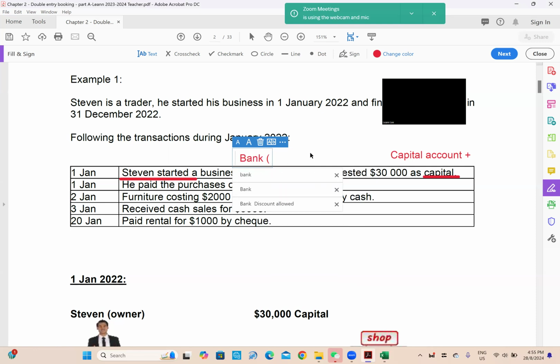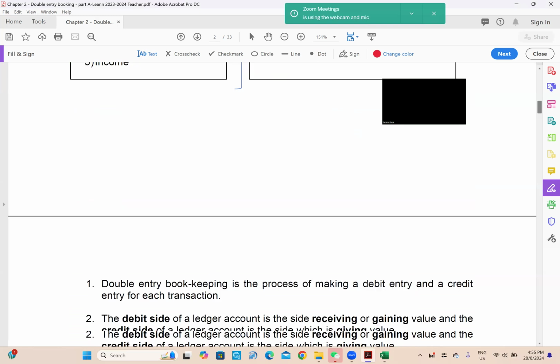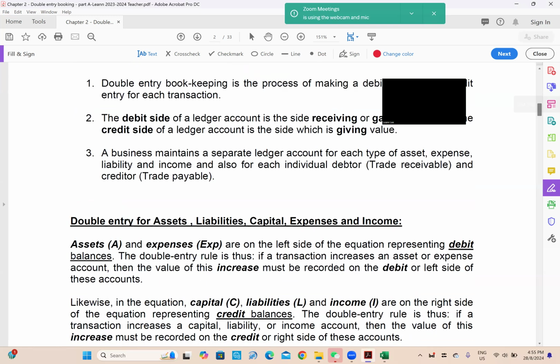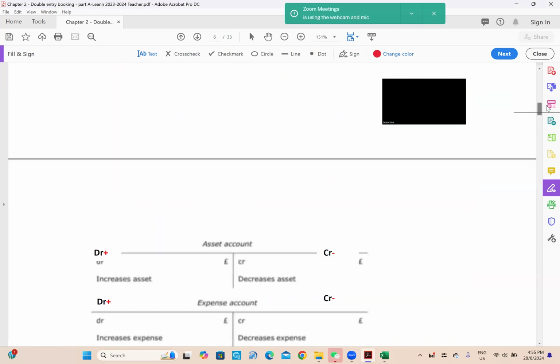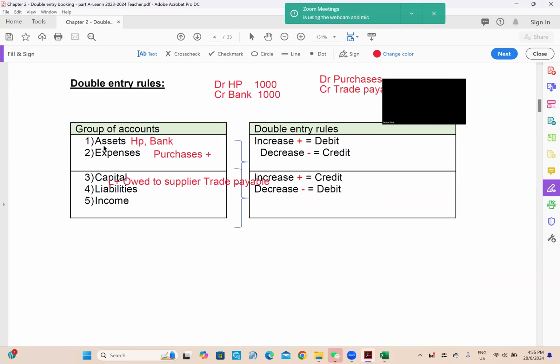So bank is an asset. Asset increases now. So asset increase, refer back to the table. Asset is in the first group. So my debit side will be plus, credit side will be minus.